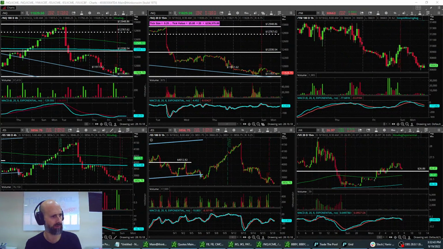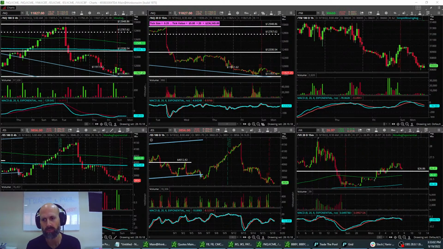So you can trade those ETFs if you don't want to go scanning and finding a very specific stock for trading today. Because the market is super volatile, you can definitely just trade the Qs and the SPY.